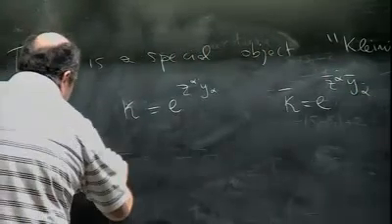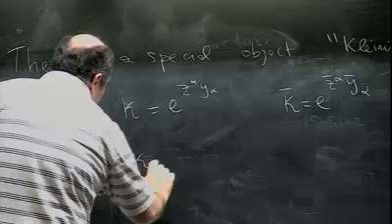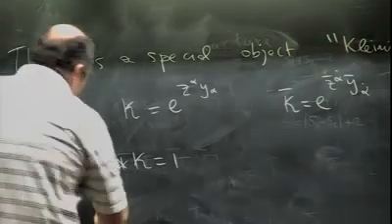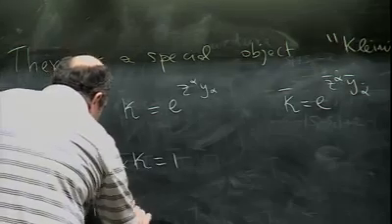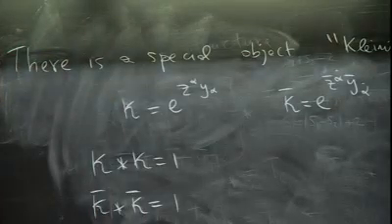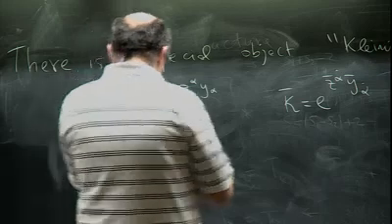This satisfies a nice property that it squares to 1 with the star product. The same for the bar. And this is simple to prove using that integral representation. You can try if you want.